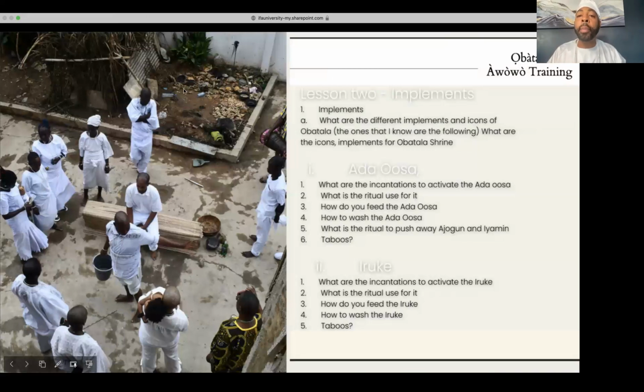So Baba, we spoke about receiving the general airing last course, the importance of the initiation. So if you can, speak to what things you think are important in regards to your quote unquote shrine of Obatala. What is generally the importance of an implement?